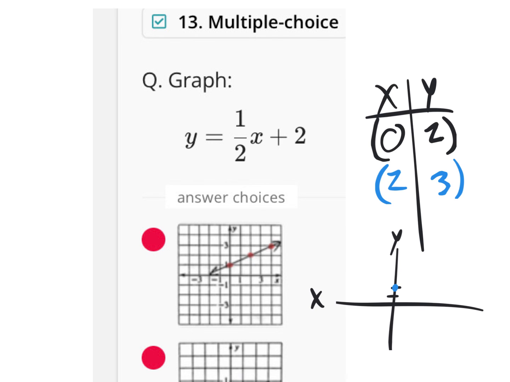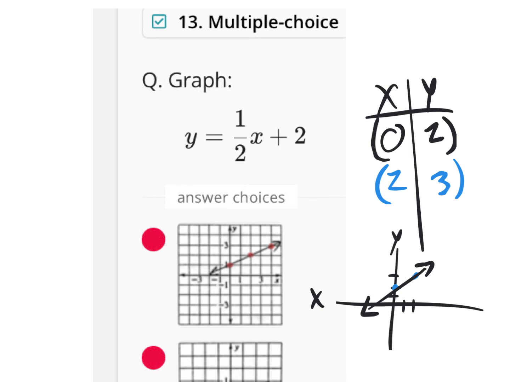2 on the x, 3 on the y, which would be right there. So our line looks like this. It looks like that, crossing the y-axis at 2, and also going to the coordinate (2, 3). So which one crosses at 2?